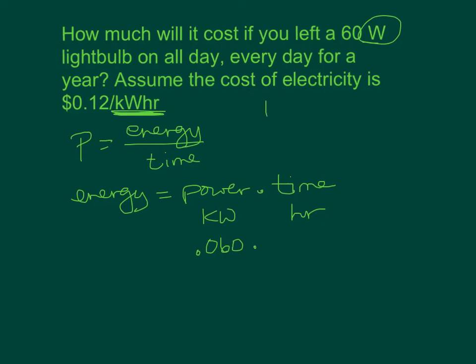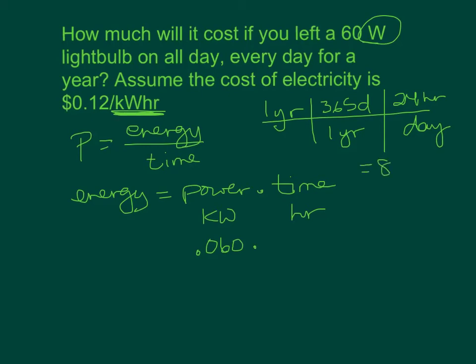And how many hours are there in a year? There's quite a few. So 1 year, there's 365 days in a year, and there are 24 hours in a day. So let's see how many hours that is. 365 times 24. 8,760 hours.